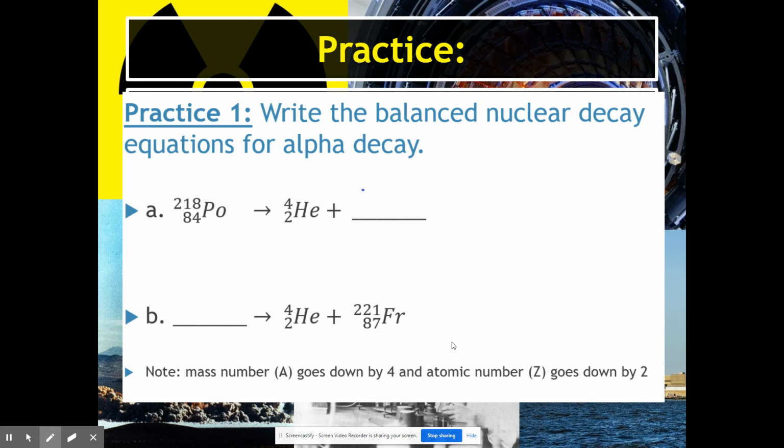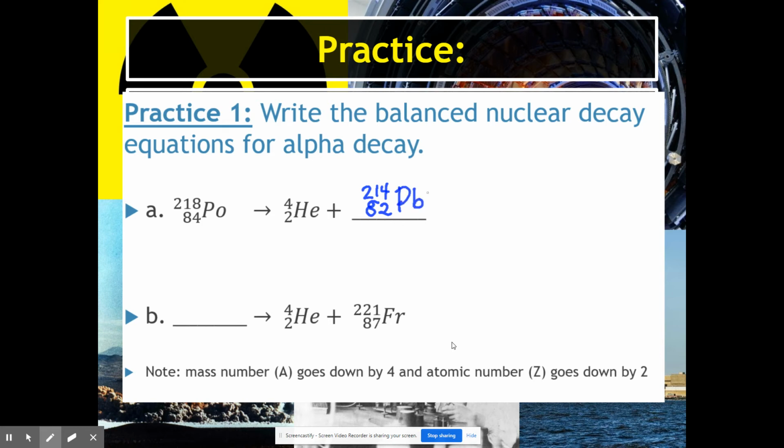So 218 minus 4 is 214. From our atomic number, we have 84. We're going to lose 2, so that's 82. And looking at the periodic table, if we go from 84 to 82, 82 is lead. So we're going to write Pb.